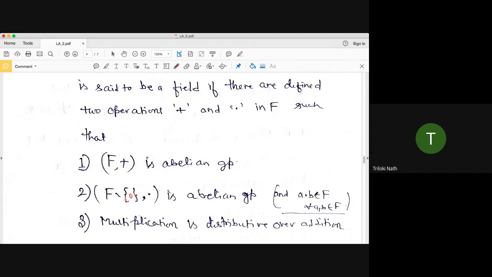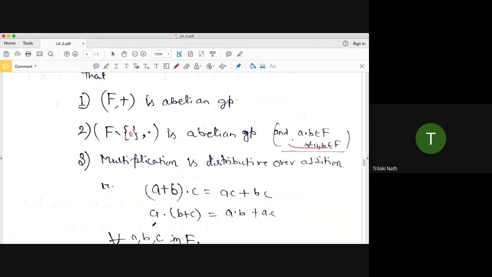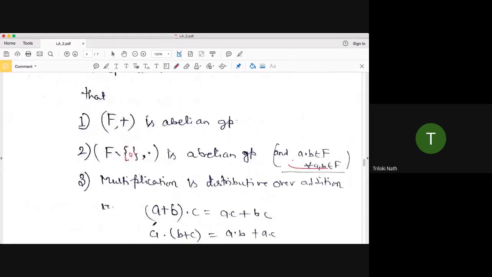And of course, A dot B belongs to F for every A, B belongs to F. Because excluding 0, we are not defining A times 0 or 0 times A, so this must also be included. And the multiplication is distributive over addition. So in short, you can remember F is a field: F is an abelian group with respect to addition.